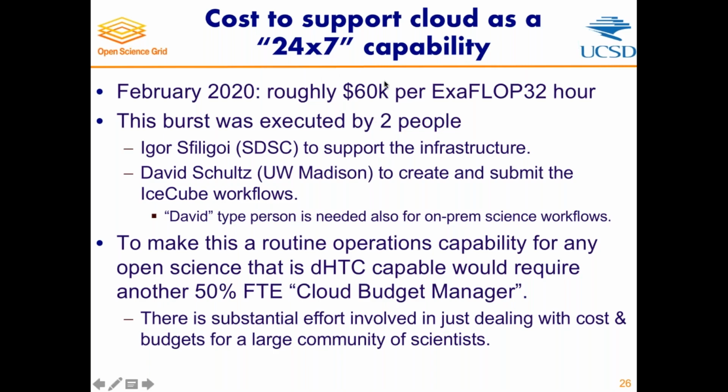So this is the number that you would do this at if you had to do it again and want to just maximize science per dollar. And so you could buy roughly an exaflop hour for $60,000.